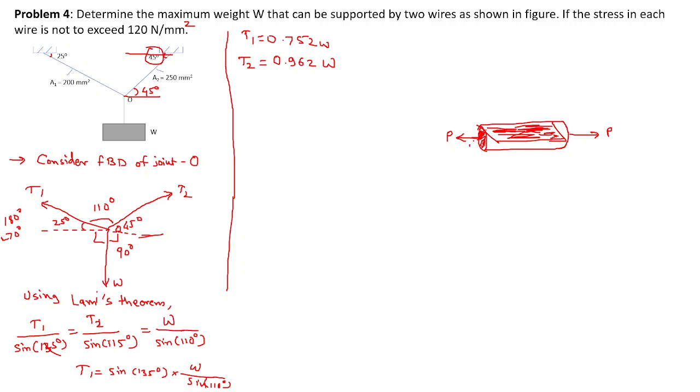Because we need to take a cross section on the perpendicular side. Here W is perpendicular to this, but there is no cross section given, as there is no wire or anything. If we take a cross section of this, we can't consider it because it is not directly 90 degree, right? So we are not taking it. So we are using Lami's theorem.